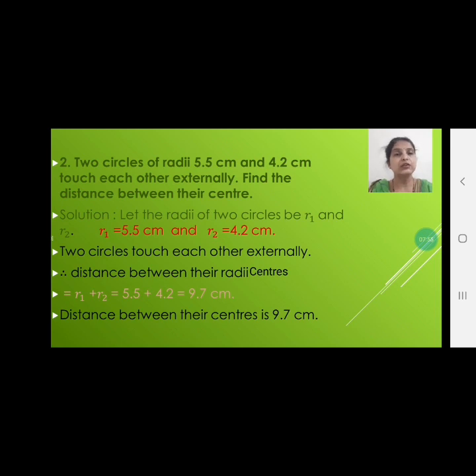So it is equal to R1 plus R2, that is 5.5 plus 4.2, equal to 9.7 centimeter. So the distance between their centers is 9.7 centimeter.